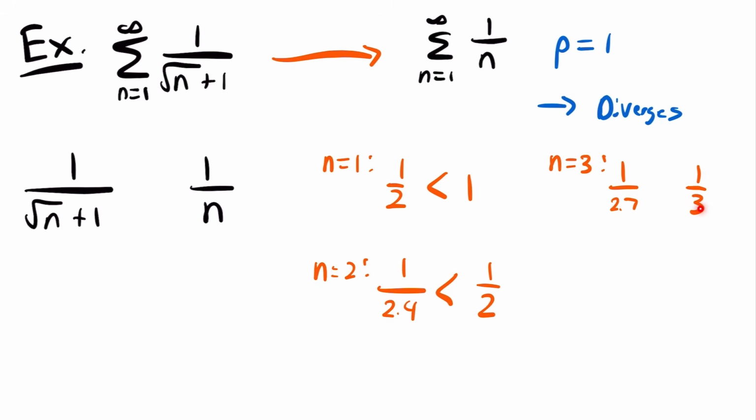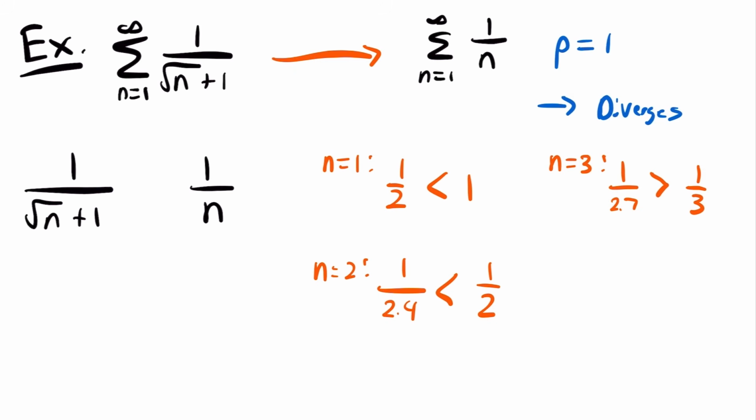We have 3 versus 2.7, and so since 3 is a greater denominator, that term is going to be smaller, and so now the inequality sign flips. We went from having our original series terms less than the series we are comparing it to, to having the original series term be greater than the series we are comparing it to.